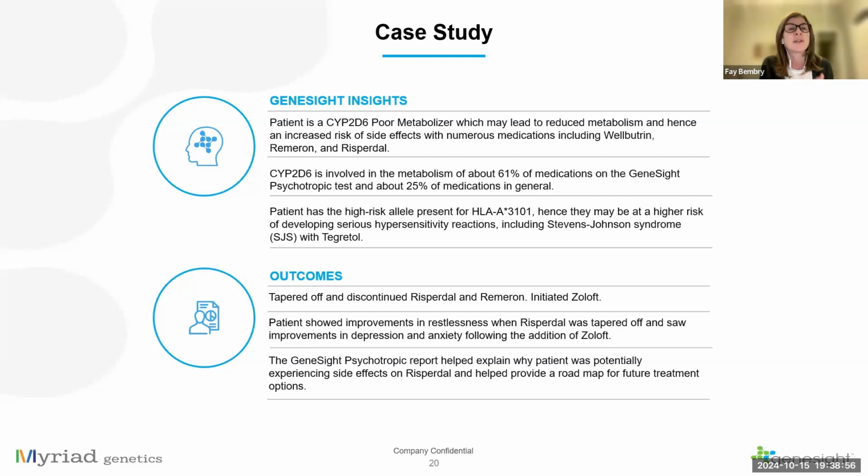So in her case, we were able to go from two medications to one medication, which is so important for our older adults and polypharmacy. So I fear that without GeneSight testing, we would have continued to go down a road of adverse events or medications not helping, just because we wouldn't have thought to take this away and go back to kind of an old tried and true sertraline.